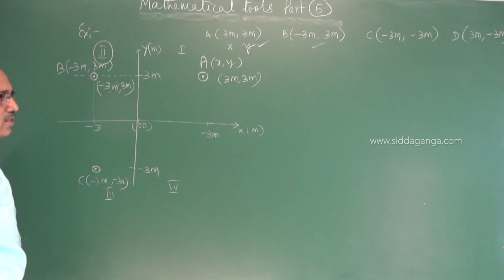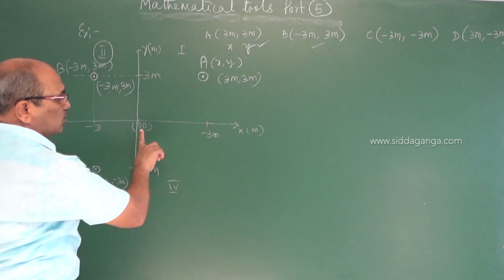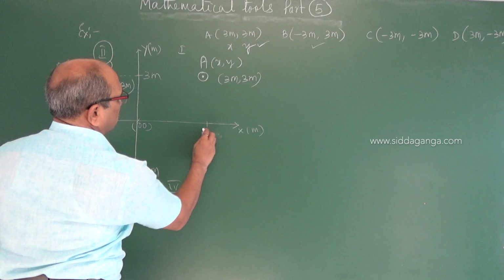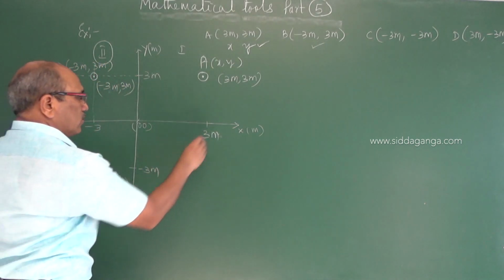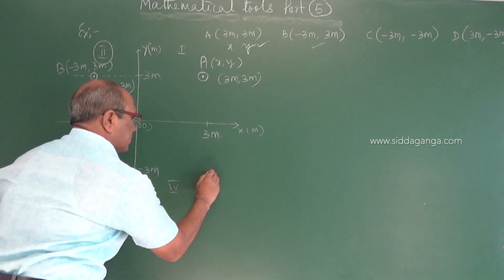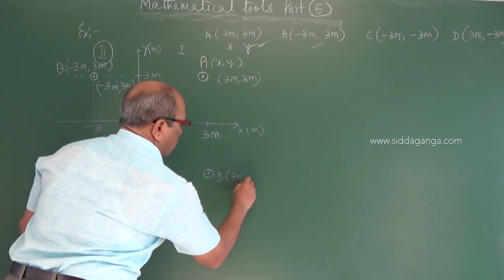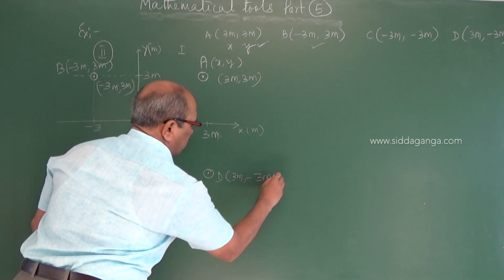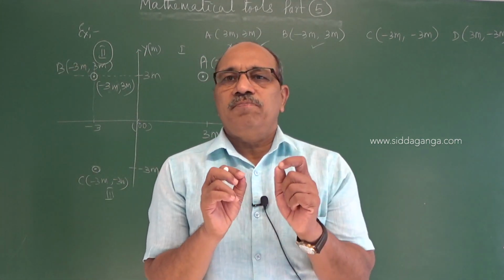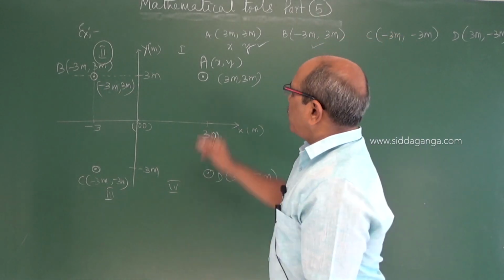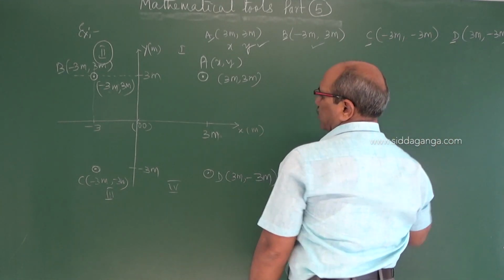Similarly for D, x is positive, 3 meter, and y is negative. So at the intersection of the vertical and horizontal, you got D as 3 meter comma minus 3 meter. So we have identified the positions of the 4 given points A, B, C and D.